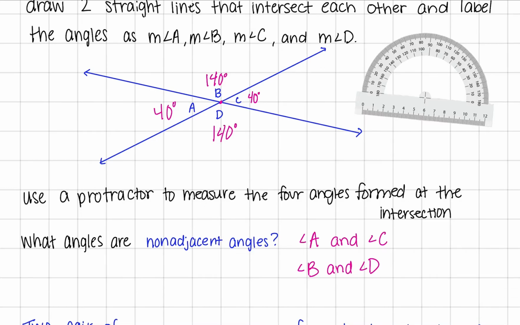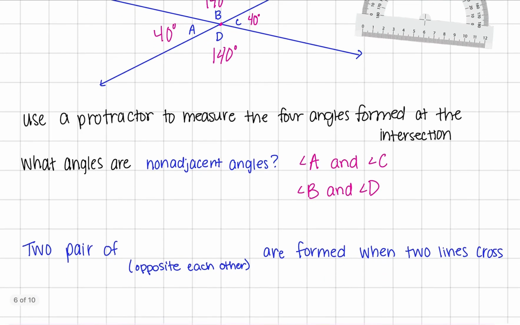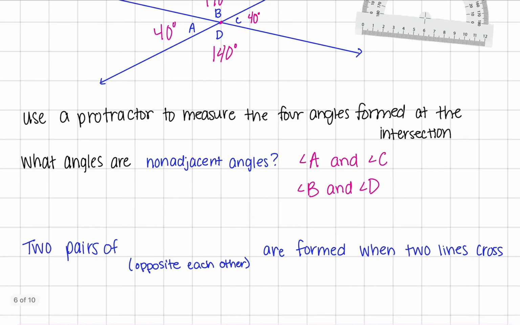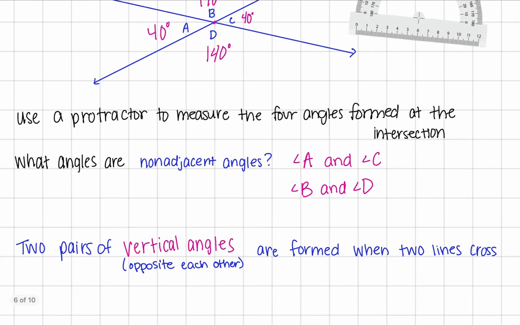So, two pairs of vertical angles are formed when two lines cross.